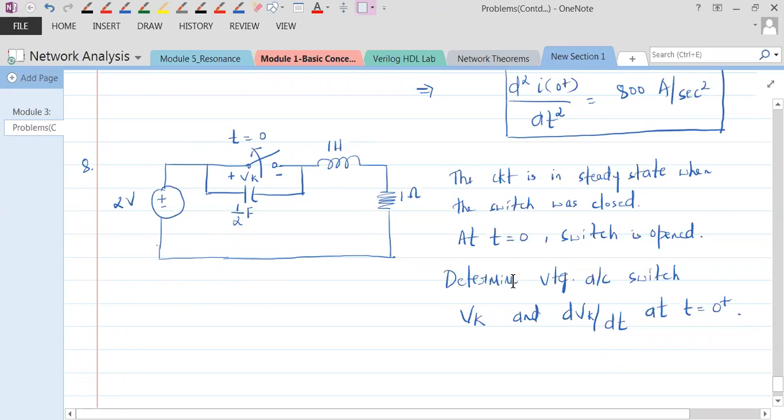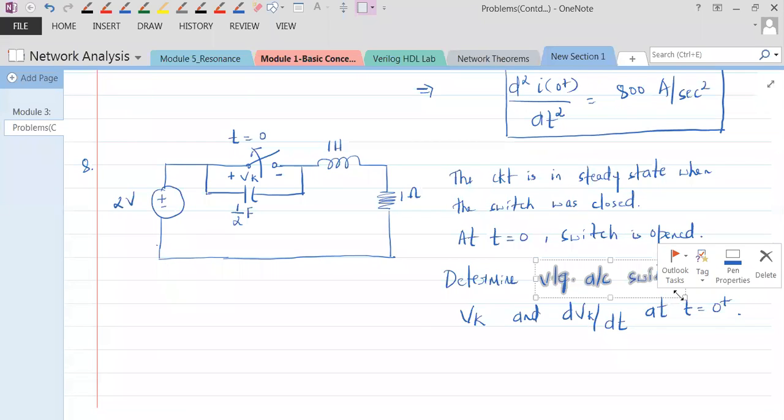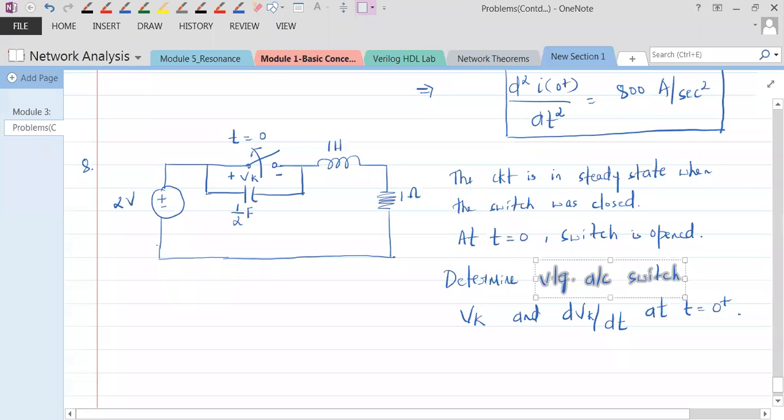What is it that they're asking? They're asking us to determine the voltage across the switch. So this may confuse you, because we know what to do to find the current through the inductor, or the voltage across the capacitor. But to confuse us, they're asking us to find the voltage across the switch.